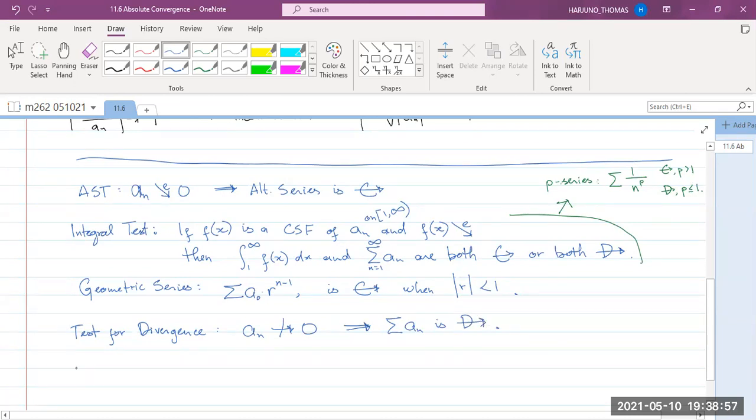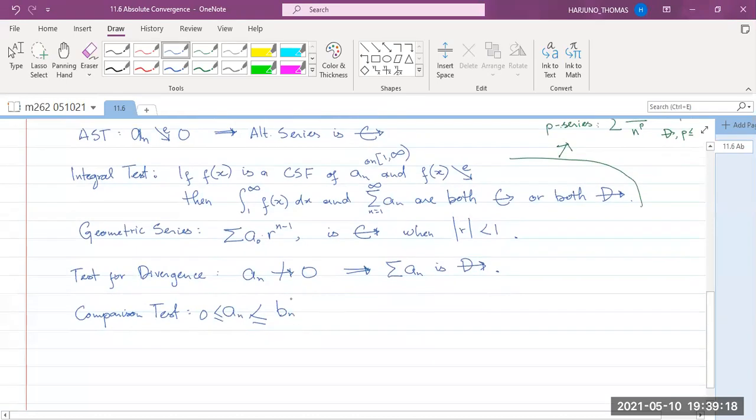Okay, and then yes, the comparison test. A sub n is less than or equal to b sub n, but we want them to be non-negative.